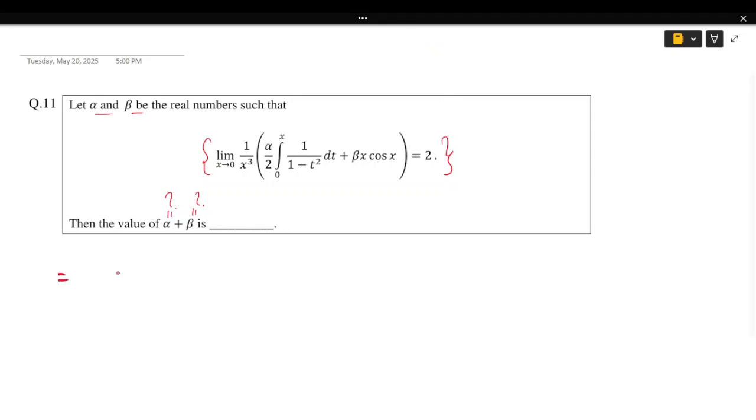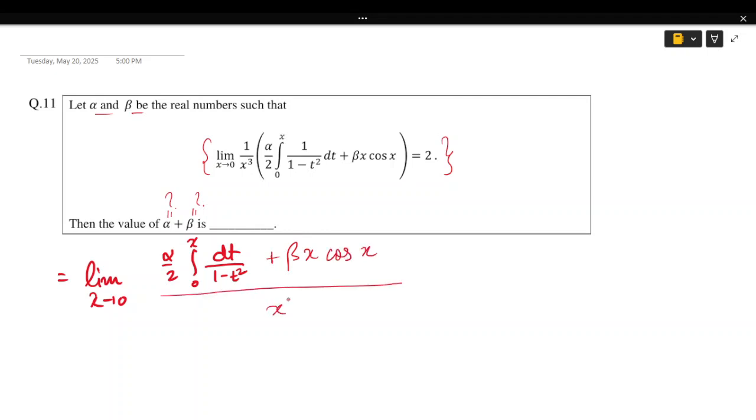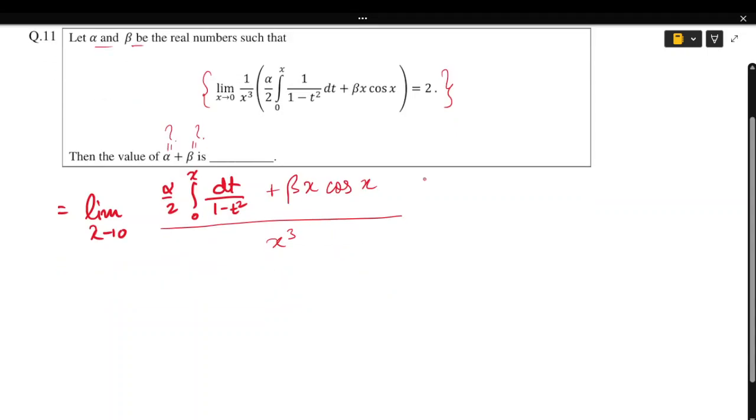So first, if we write it in proper fractional form, we get the limit as x tends to 0 of [alpha by 2 times the integral from 0 to x of dt upon 1 minus t square, plus beta x cos x], and in the denominator we have x cube. This value is equal to 2, right?